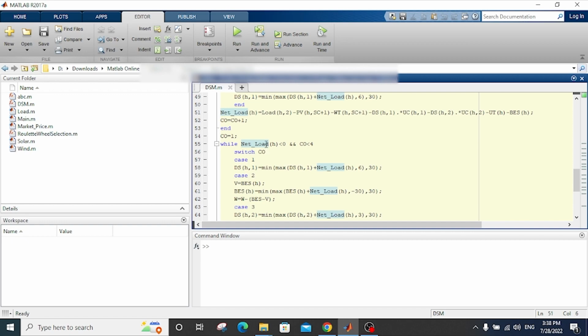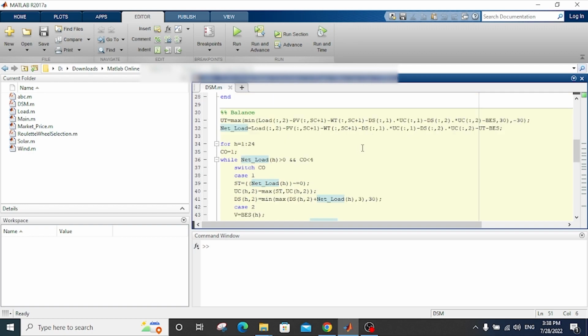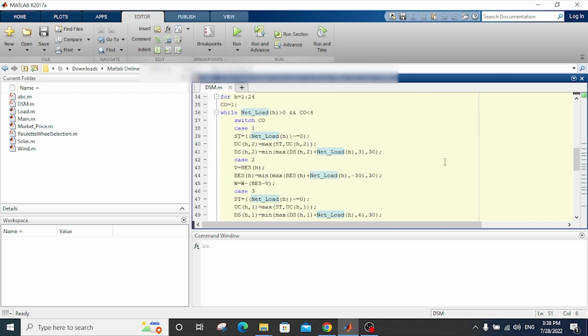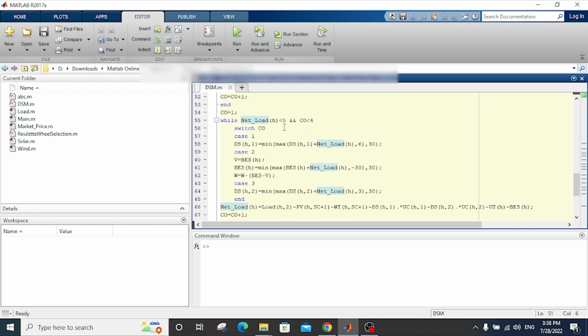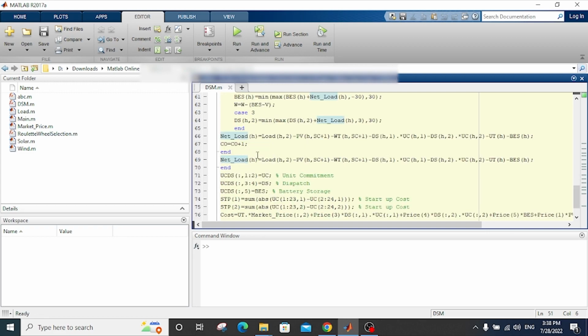This is for increasing the power, when the net load is positive and the load is more than the generation side. If the load is less than the generation side, we repeat the other process: case 1 decreases the net load from the fuel cell, the second from the battery, and the third from the micro turbine, and we also calculate the net load and counter.